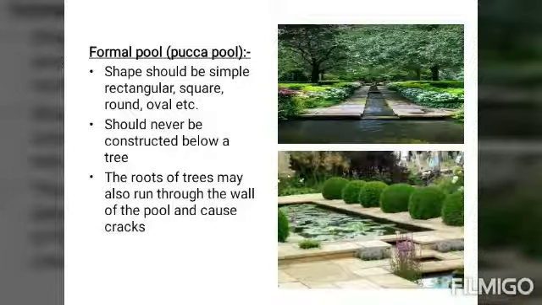So it can even cover, जो water plants हैं उनके sunlight को cover करता है, like it will cover the sun from reaching the water plants. जो pools में water plants हैं उनको proper sunlight नहीं मिलेगा और जब नहीं मिलेगा तो अच्छा growth नहीं होगा, अच्छा flowering नहीं होगा. So ये भी एक और disadvantage है. Yes, so these are some of the points related to formal pool या पक्का pool.